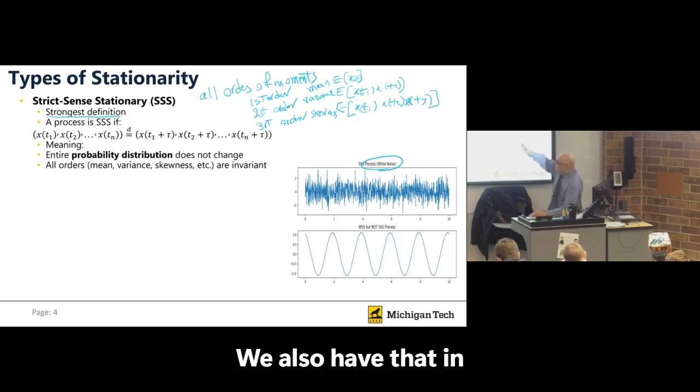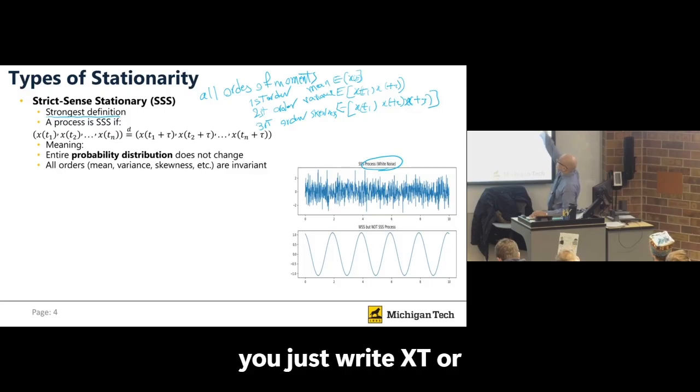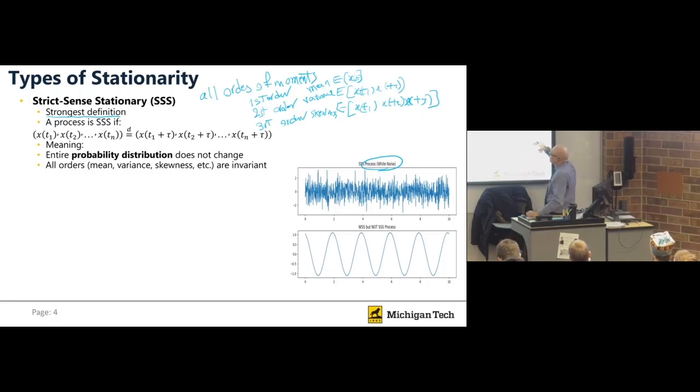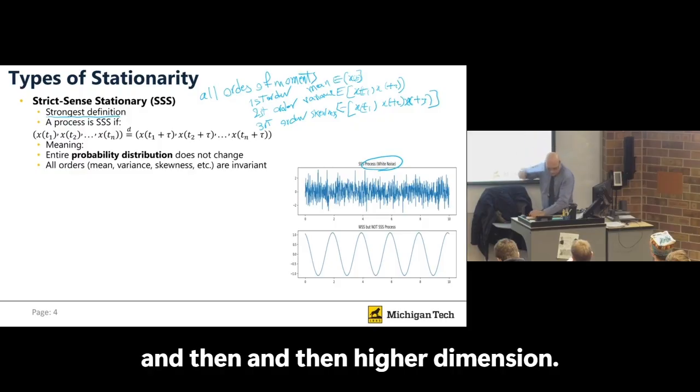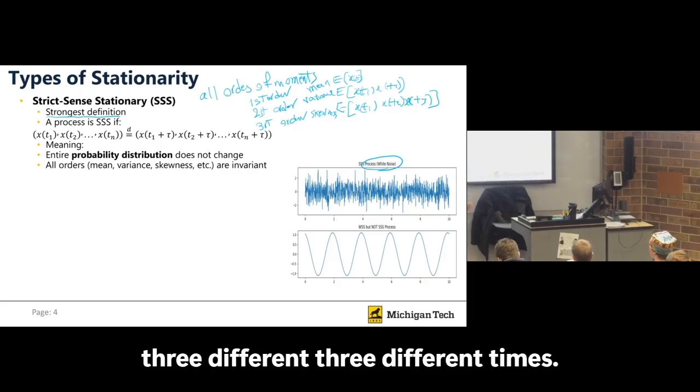We also have that in random vector. In random vector, you just write x of t, or x, x cubed. So this is how we do x square, x cube, and then higher dimension. So what that shows is the relationship in three different times.